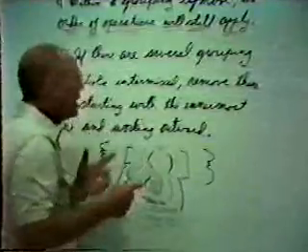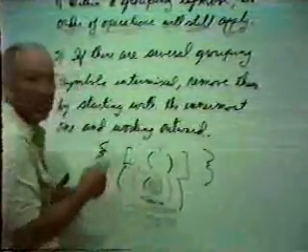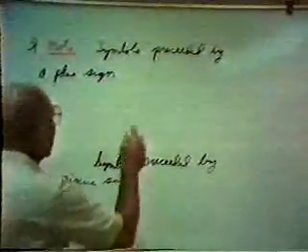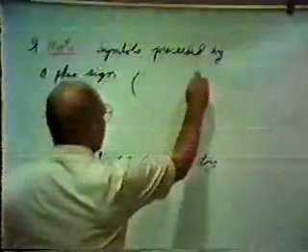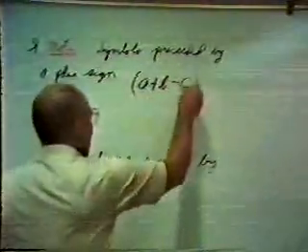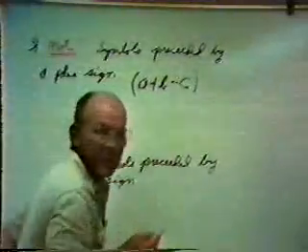Now, in case you've forgotten, there's something in your notes in step number 3. Look at step number 3, just in case you've forgotten this one. When you have symbols preceded by a plus sign, in other words, I have, say, a parenthesis, A plus B minus C. Again, if there's no symbol out here, you understand that it's a plus sign.